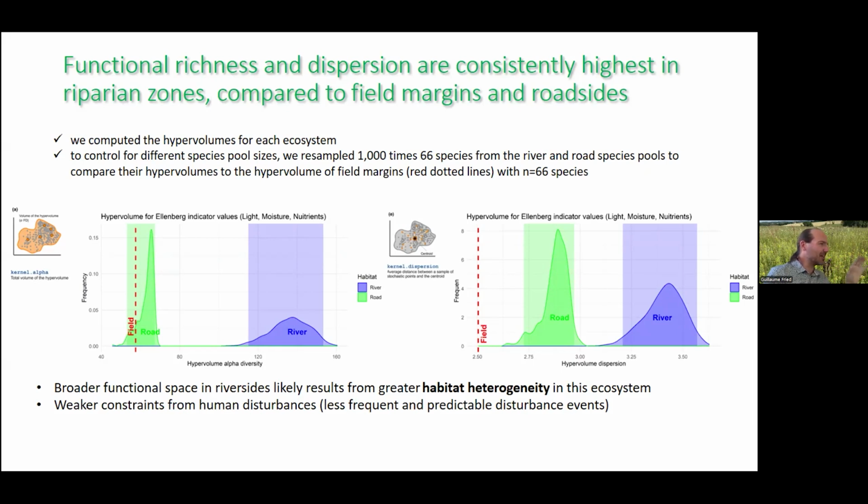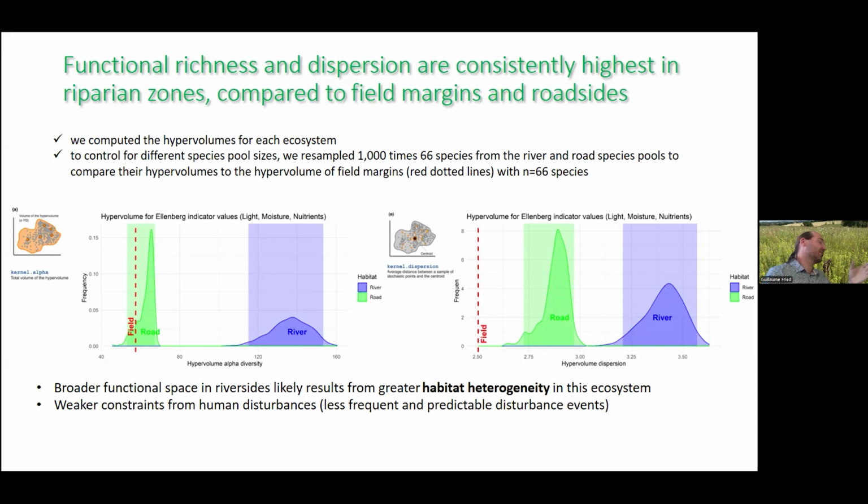The more general conclusion of this part is that the higher functional diversity for the riverside species pool can probably be explained by two points. The first is that riversides probably have a greater habitat heterogeneity, offering a wide range of ecological niches for species.